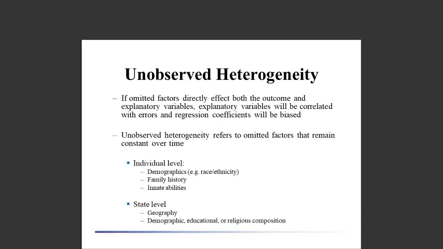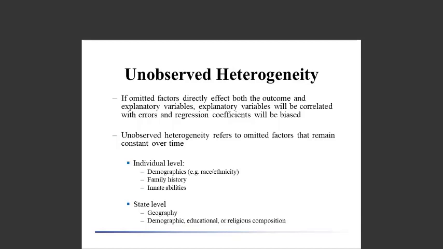So today we'll talk about a special form of omitted variable bias called unobserved heterogeneity, and how some panel data techniques can be used to address this type of bias in a regression. Unobserved heterogeneity refers to omitted factors that may vary across individuals, but that remain constant over time.